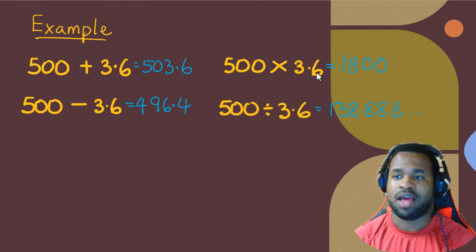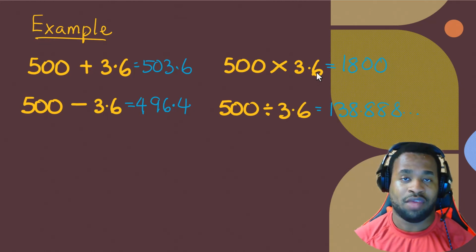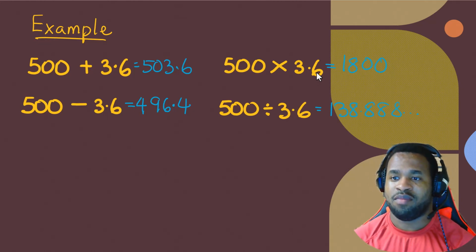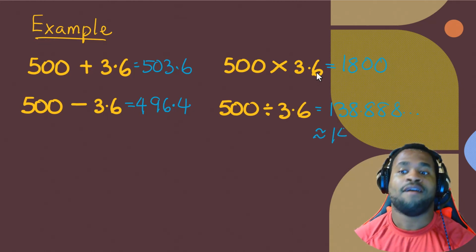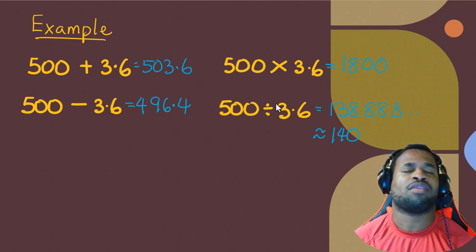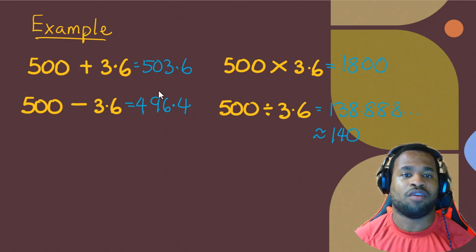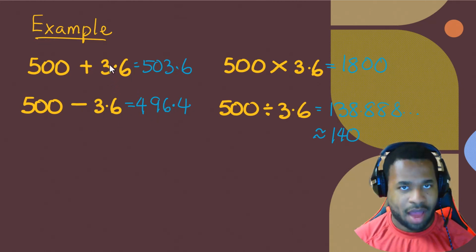It repeats, so we're going to leave it to two significant digits, which means our value will be approximately equal to 140 as our answer, because we are dealing with the accuracy for this result. However, for the addition and subtraction part, we're putting our value to the nearest tenth, which is looking more at the precision of our approximate value.